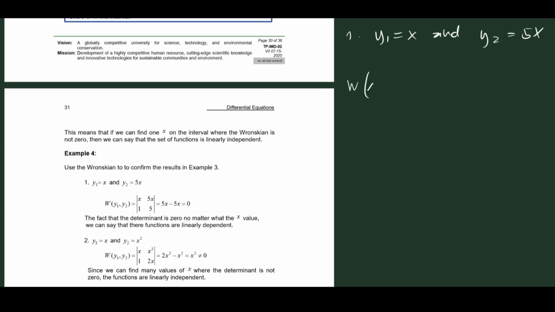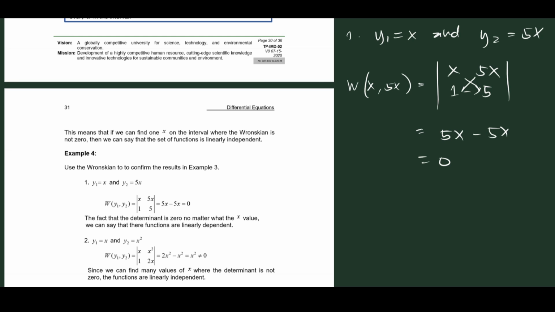We need to create a 2 by 2 matrix for this: x and 5x, and then the derivative of x, which is 1, and the derivative of 5x, which is 5. The determinant will be equal to 5x minus 5x. So this will be equal to 0.